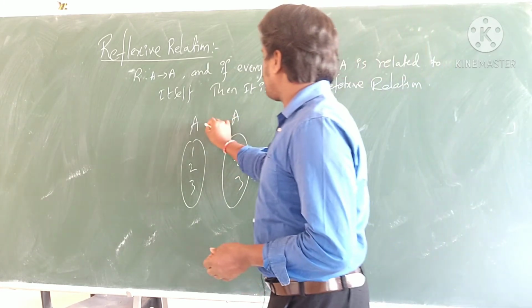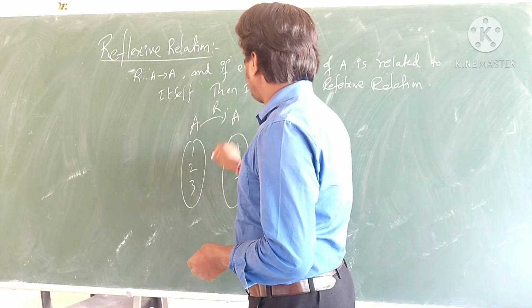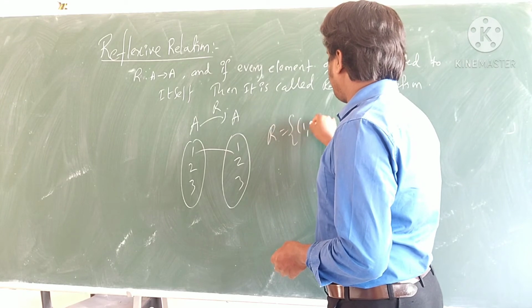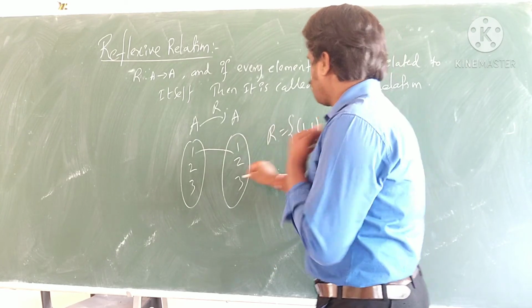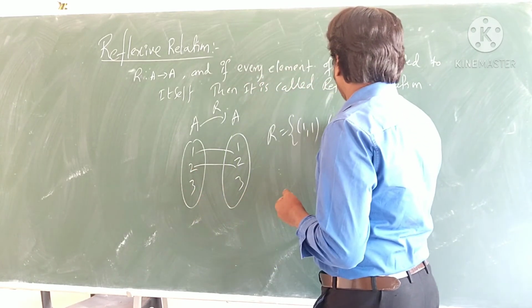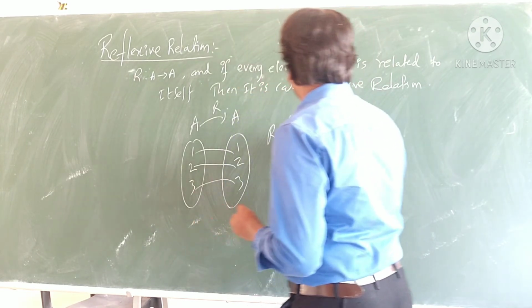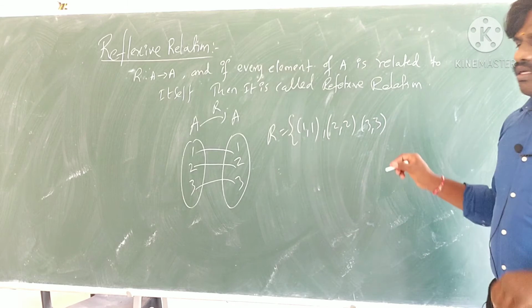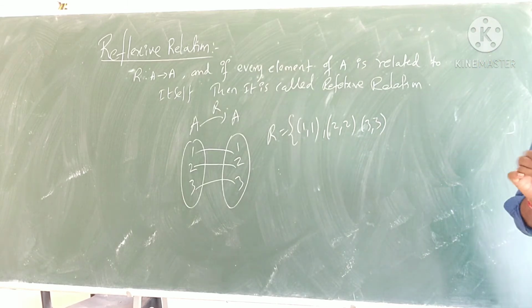So the relation R is what? I wrote 1 comma 1, and I wrote 2 comma 2, and I wrote 3 comma 3. So if I write exactly this much, then it is identity as well as reflexive.